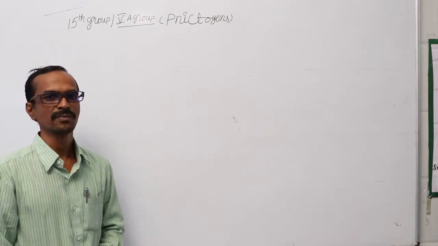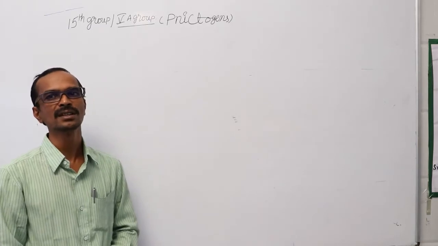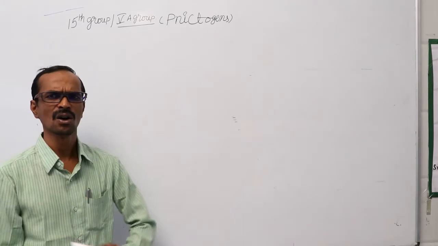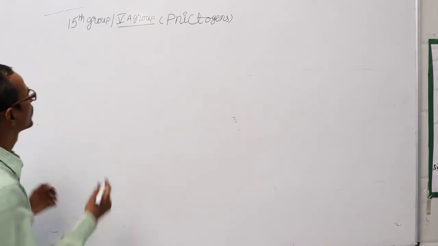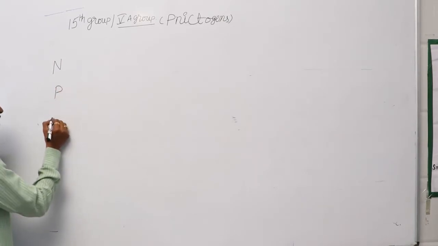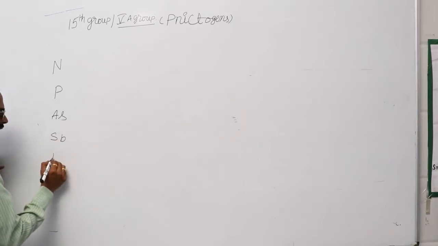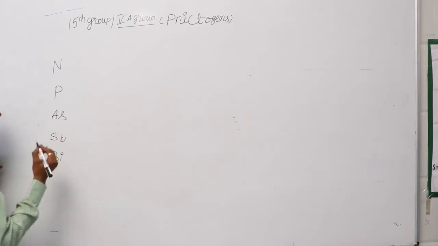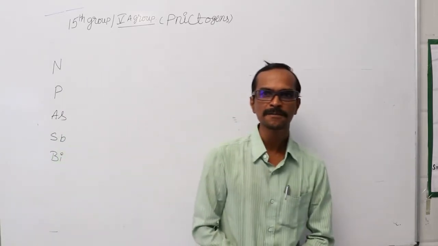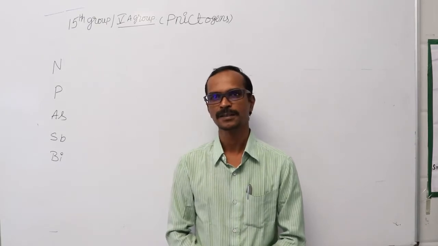Okay, let us see. So here, what are the 5A group elements and what are these 15th group elements? I think all of you know: nitrogen, phosphorus, arsenic, antimony and bismuth.